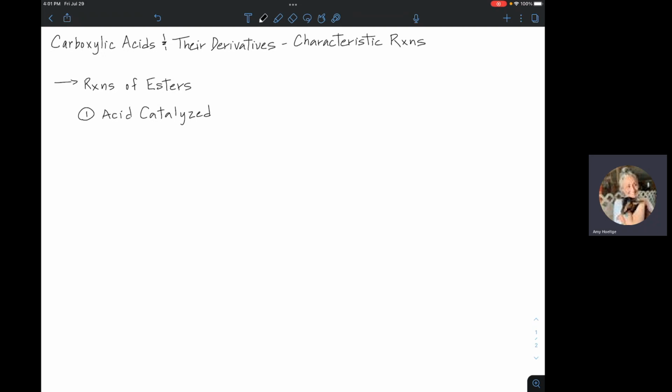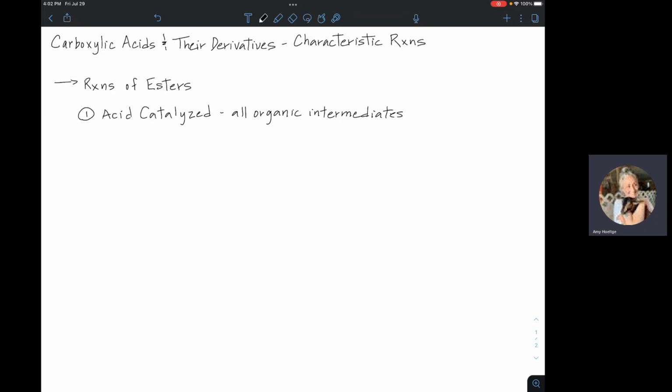So in this particular instance, we should note that in an acidic solution, all organic intermediates are going to be positively charged or protonated, right?